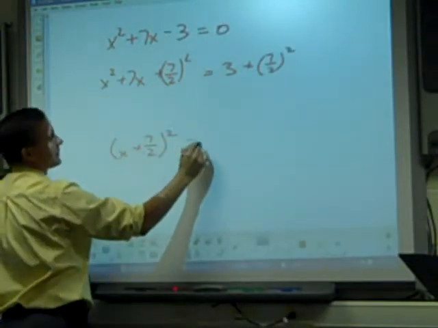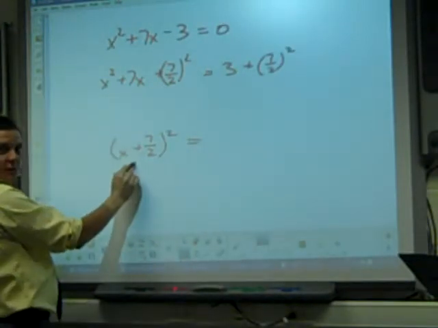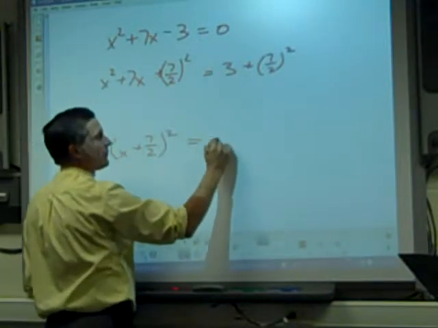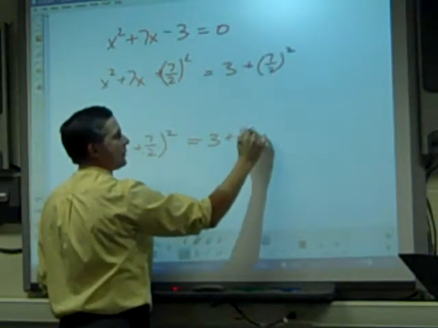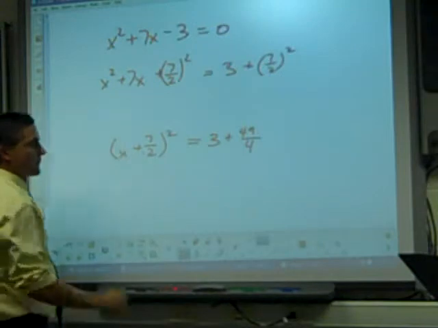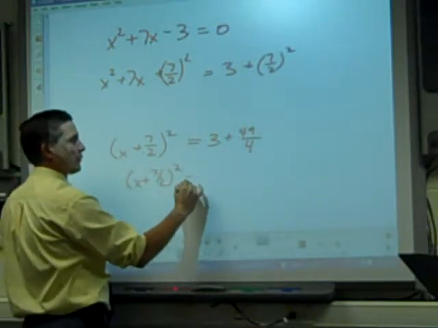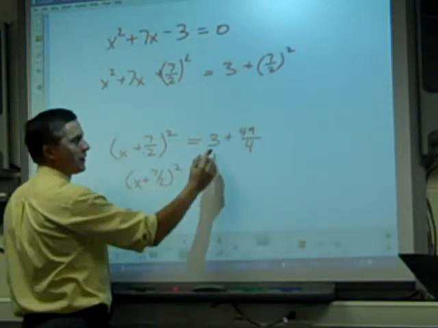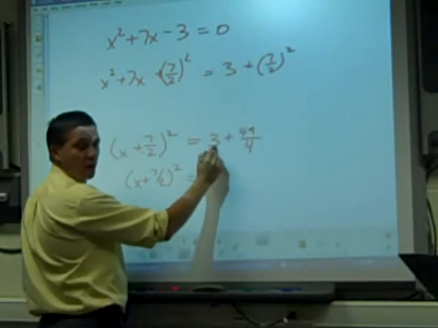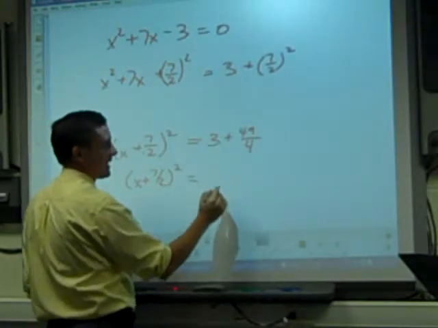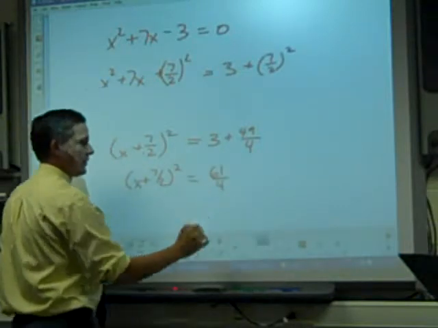And if I do this, this becomes the binomial squared. The other side becomes 3 plus 49/4. And again, before I can take the square root, I have to get one term on the right side also. This becomes 3 is 12/4. 12 plus 49 is 61/4.